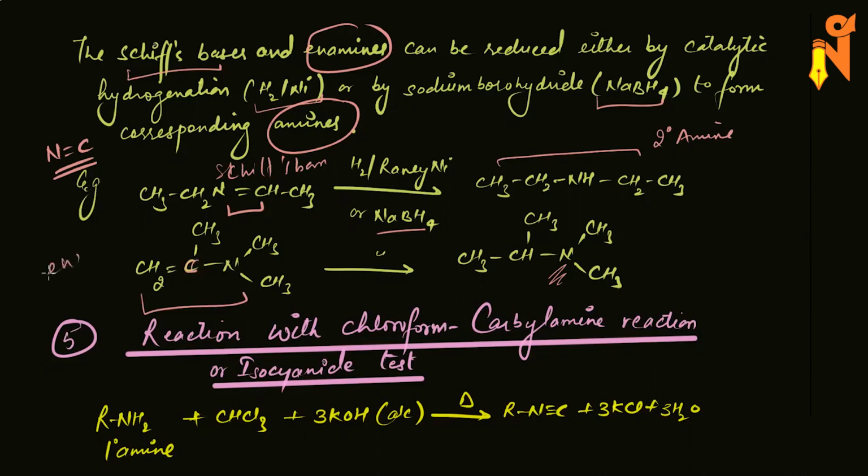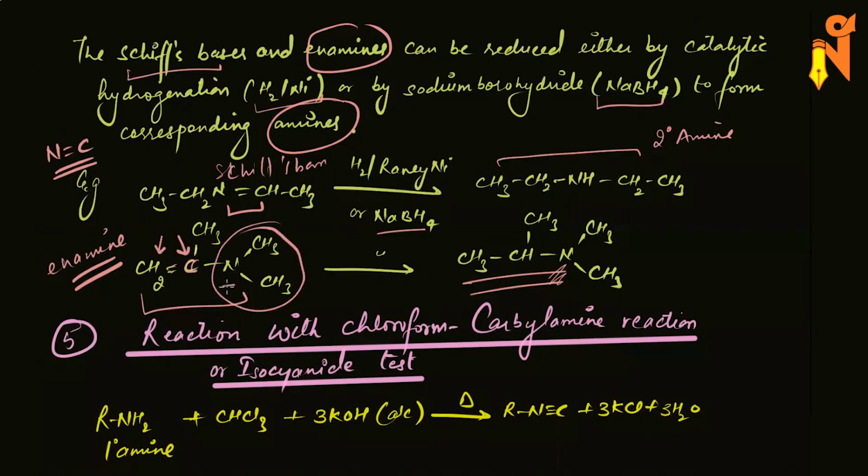So this is my enamine, which has formed from the acetone. If I take hydrogen or NaBH4, it will reduce this also. So this pi bond will break, one hydrogen will get added over here, one hydrogen will get added over here, and I'll get the respective amine. What kind of amine it will be depends upon the degree of amine you took in the reaction initially.